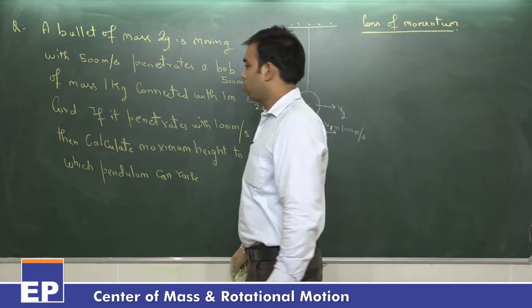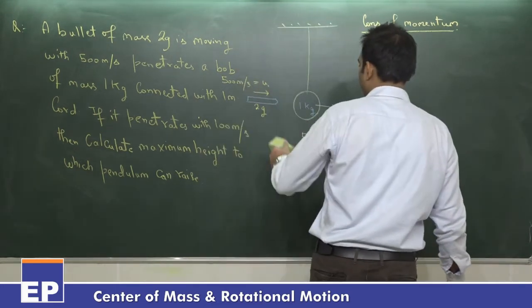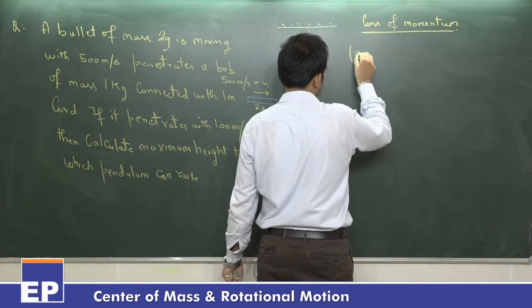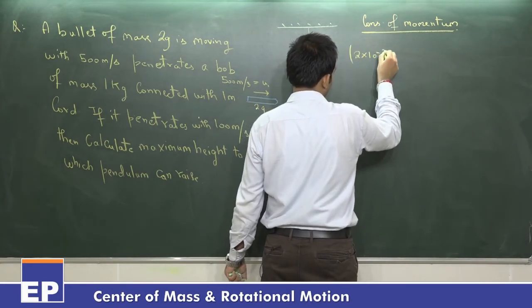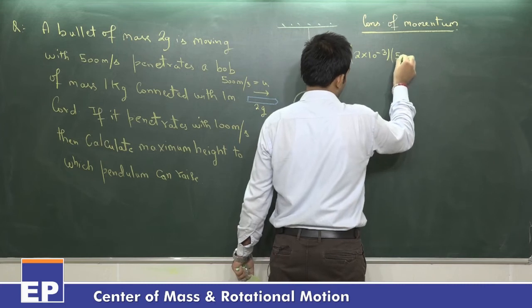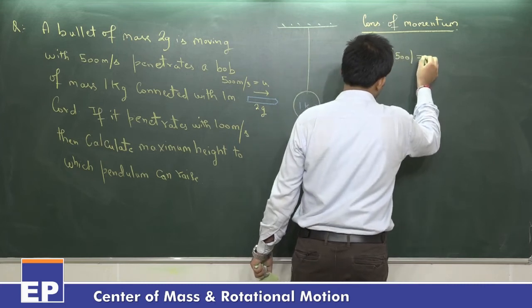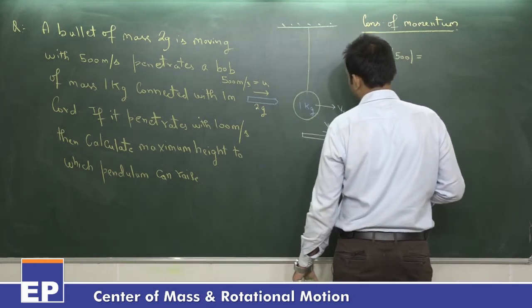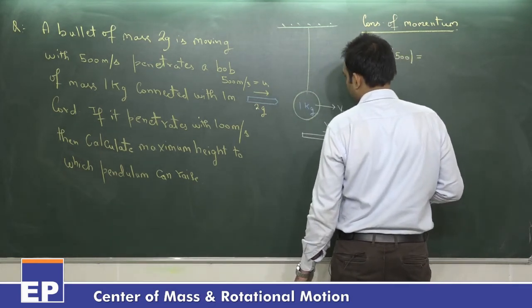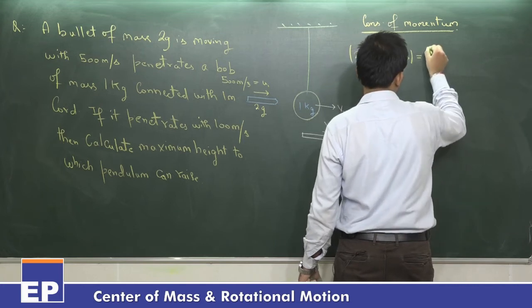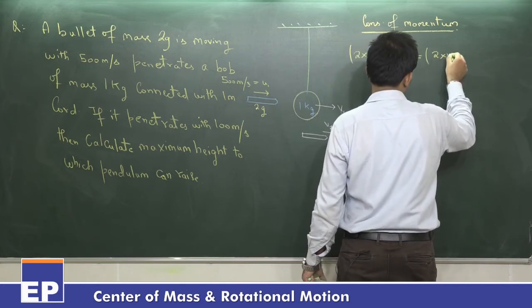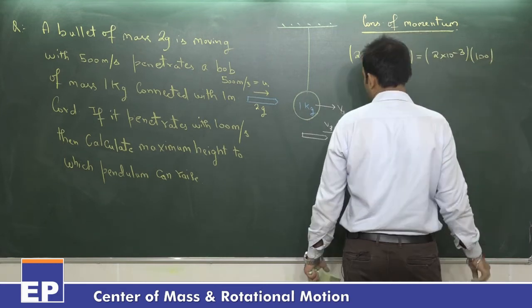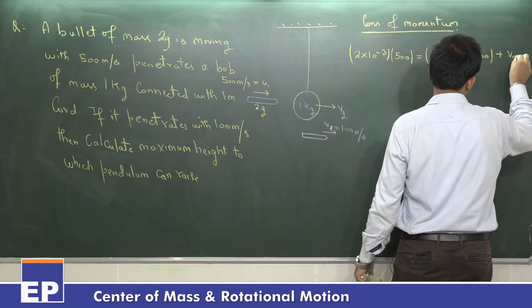Now, by the conservation of momentum, you can say m1 into u1 is equal to m2 u2 plus, that is 1 into v2.